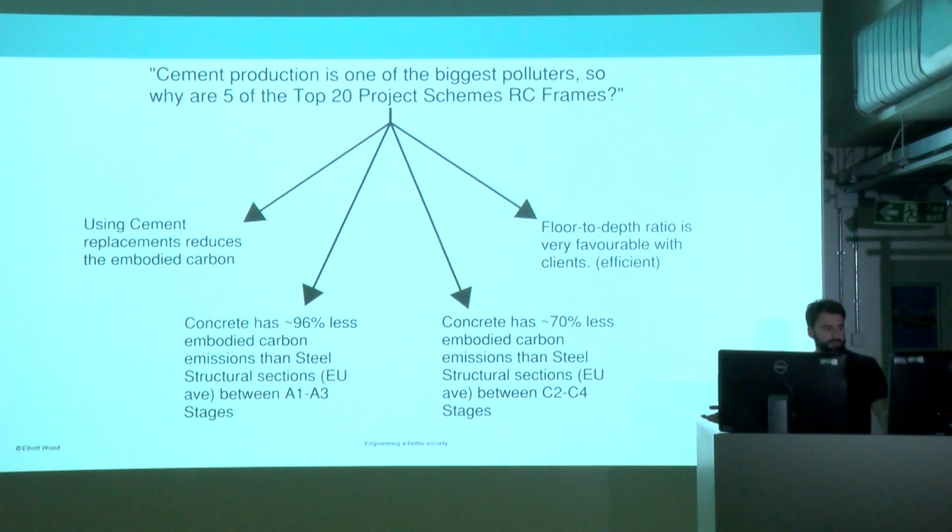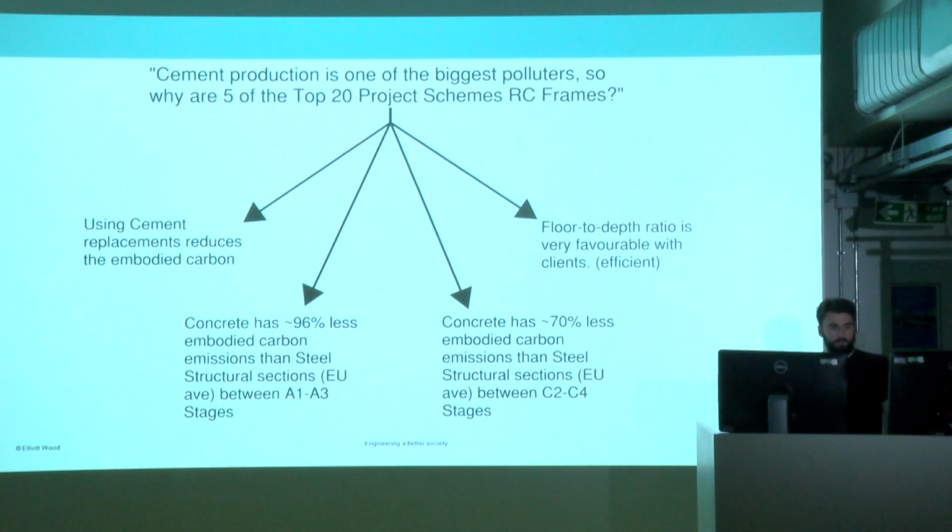Concrete has got roughly 96% less embodied carbon emissions than steel structure sections. That's the EU average comparison, and that's between cradle to gate, A1 to A3 stages. It's got roughly about 70% less carbon emissions than steel structural sections in its end of life. Both of those are comparing weight over volume.